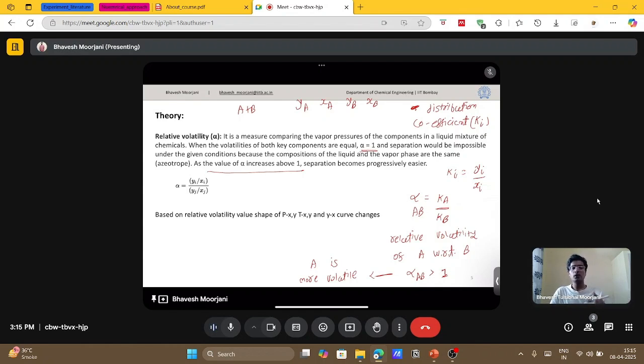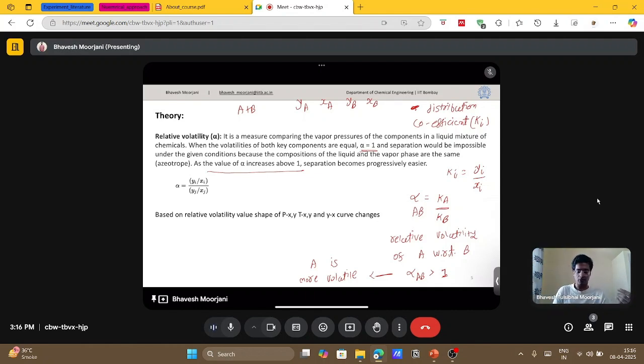It shows that a greater amount of component A will be present in the vapor phase compared to component B. So if alpha is greater than 1, component A is more volatile. If alpha is more, then separation will be much easier. Let's say you have two components, and one component easily evaporates, so its relative volatility will be more. If you increase the temperature, the first component will evaporate, its vapor will form much faster, and then you can condense it out and separate it.